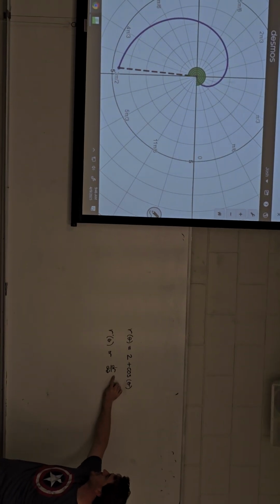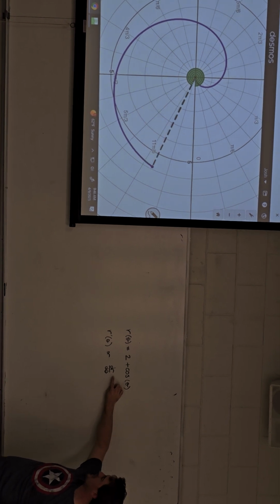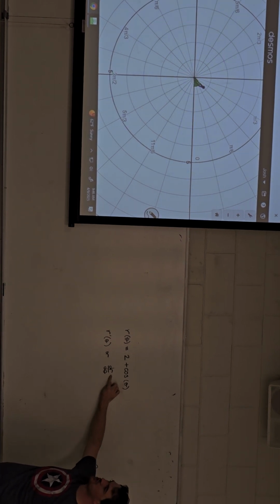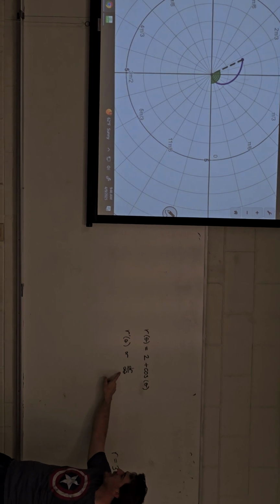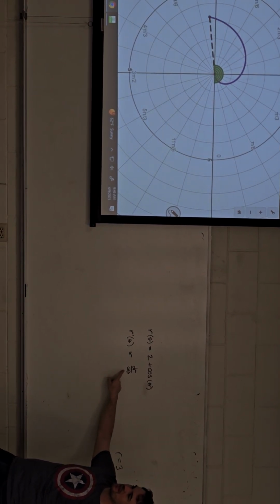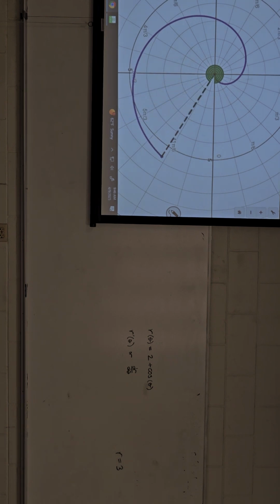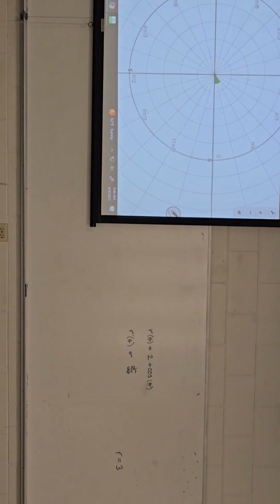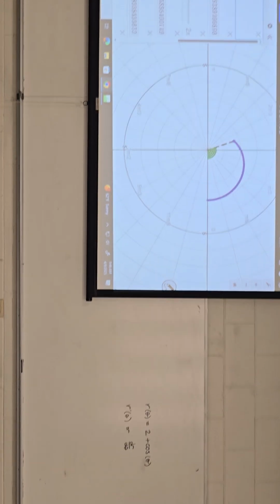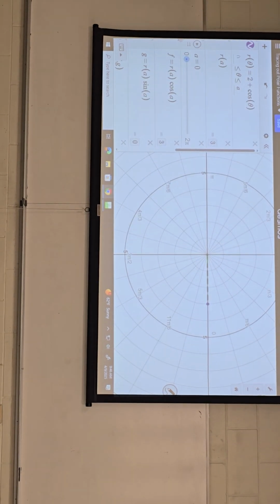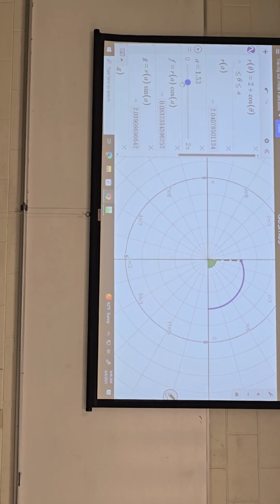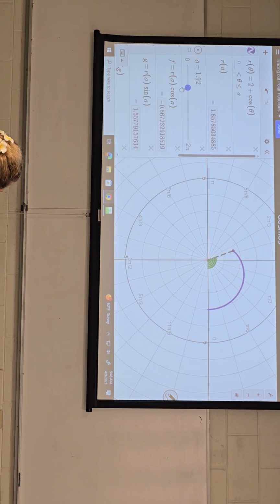I like this notation here because it's explaining how your radius is changing as you increase just a little bit of theta. So let's get 2 plus cosine theta. So this is saying if I increase theta just a little bit, what do we see is happening with the radius?